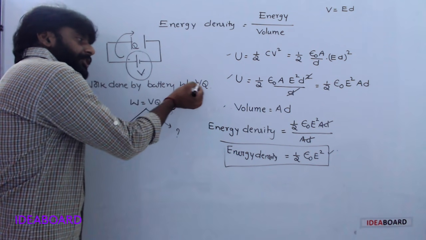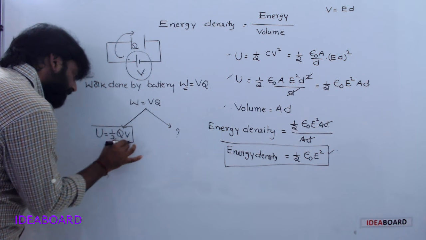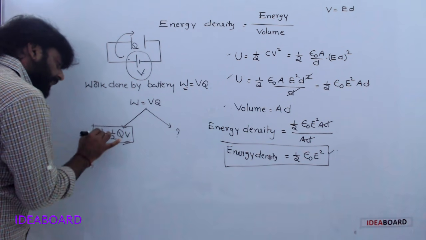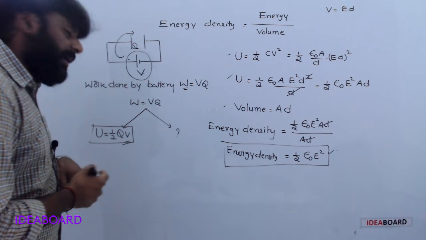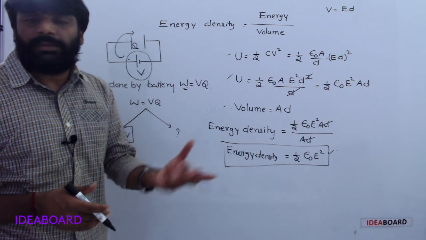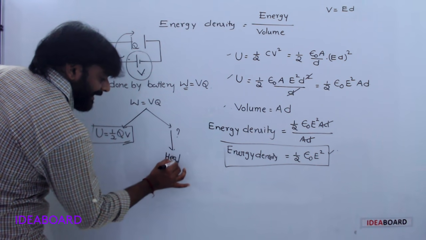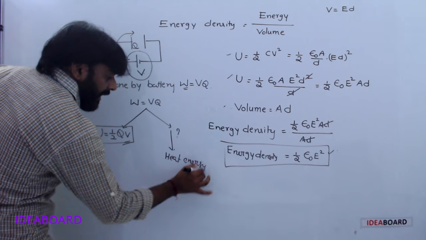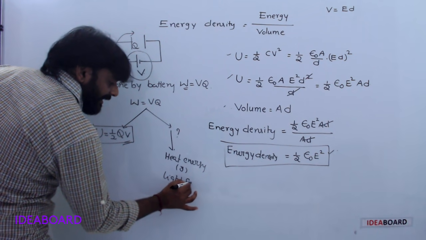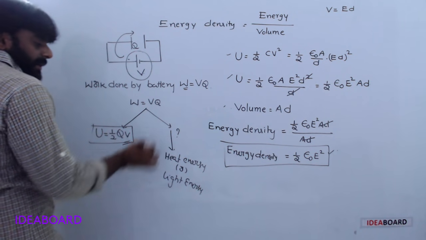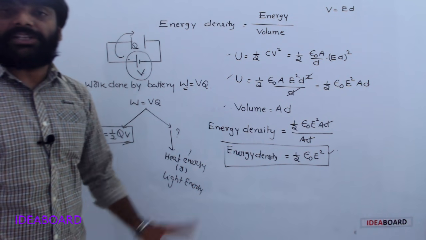So the battery's work is W is equal to VQ. In this VQ, half of the work done is stored in the form of energy. What about the remaining half? The remaining half is converted into heat energy or light energy.